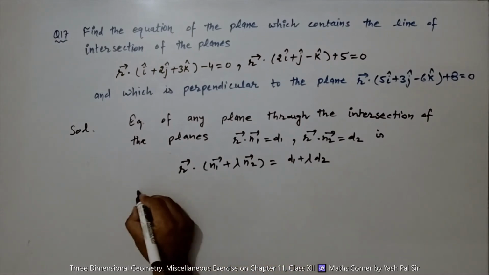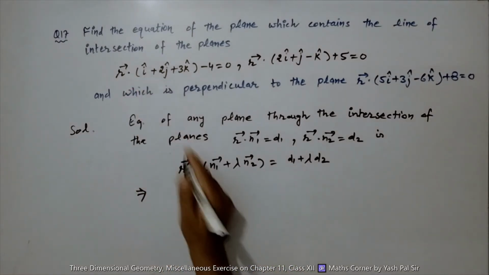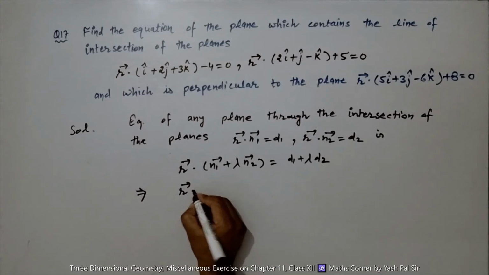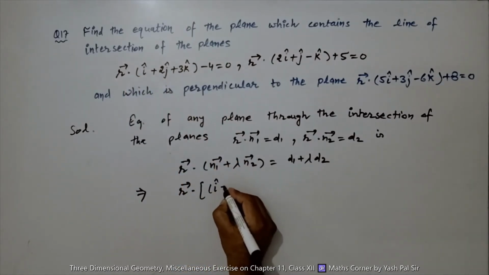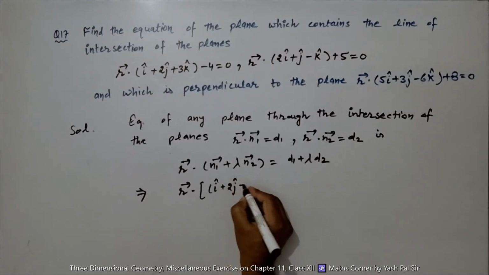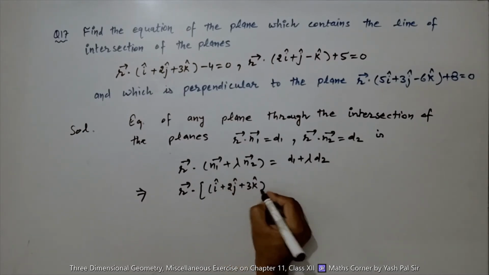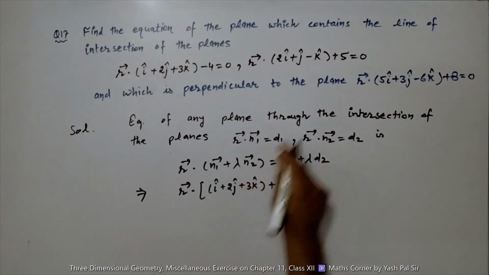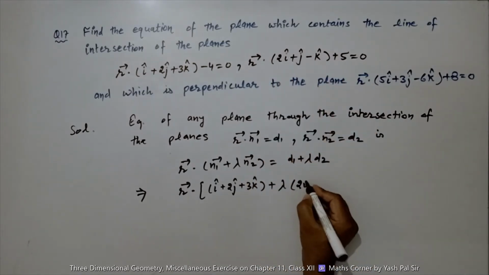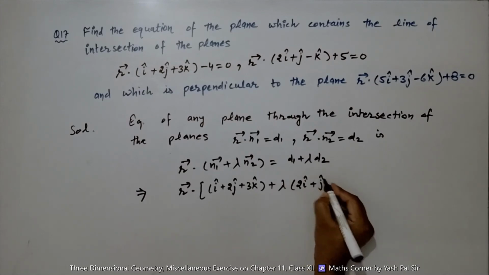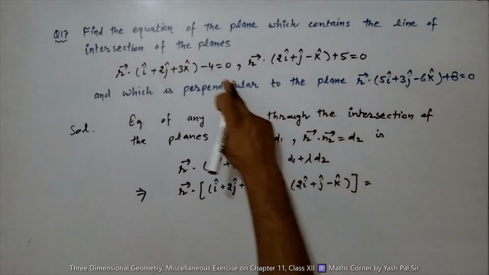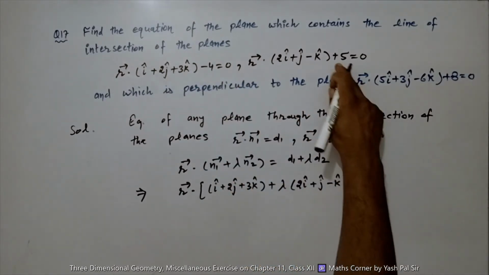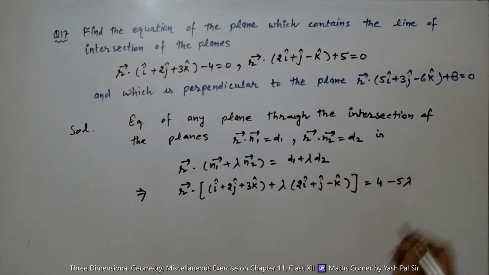So here in this question we have r dot n1, which is i plus 2j plus 3k, plus lambda n2, which is 2i plus j minus k, is equal to 4 minus 5 lambda, right?